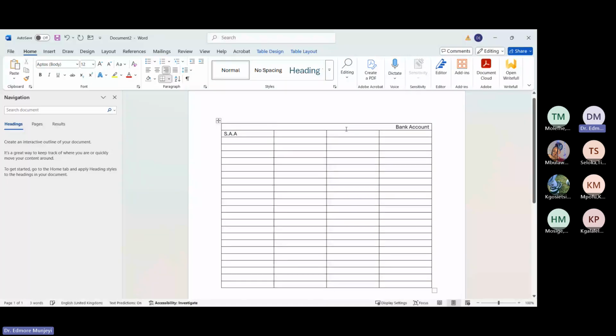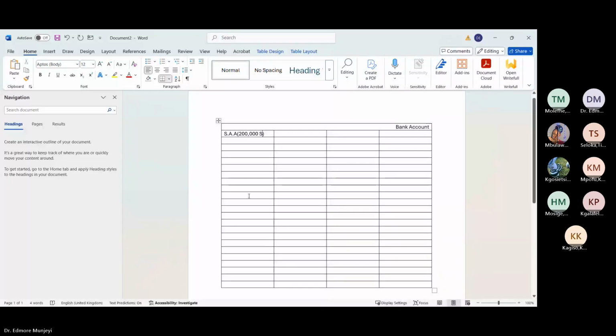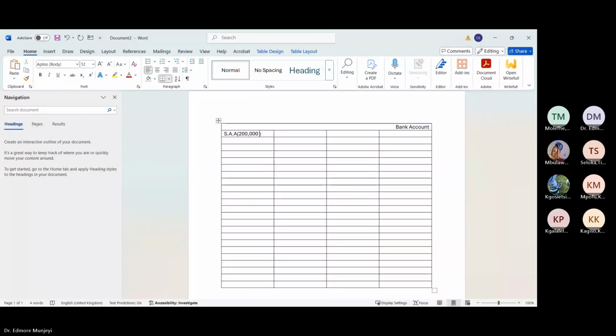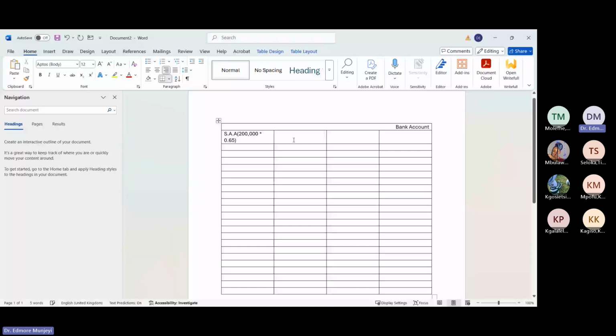So 200,000 shares times 0.65. That is going to give us 130,000.